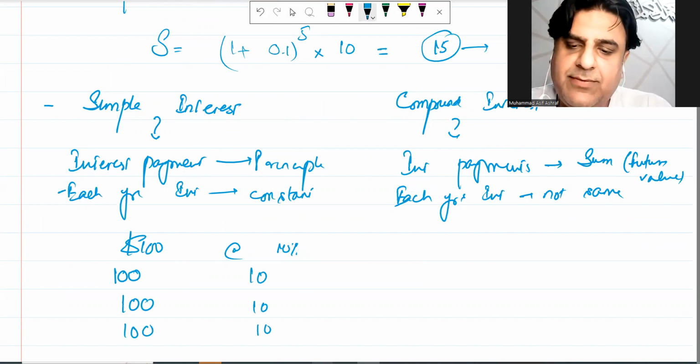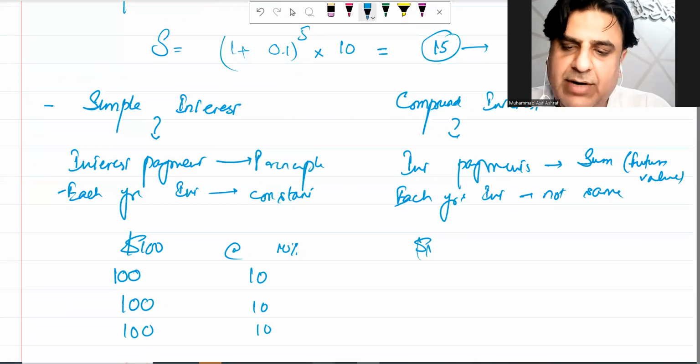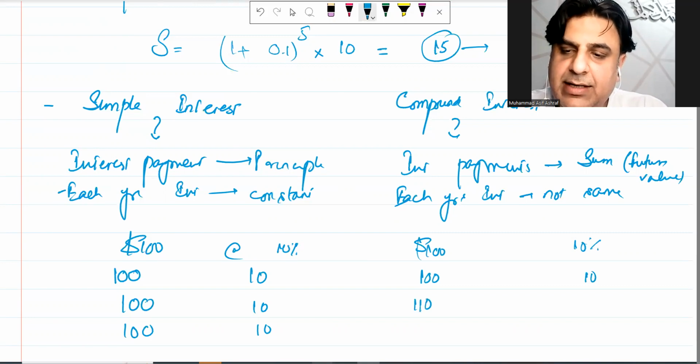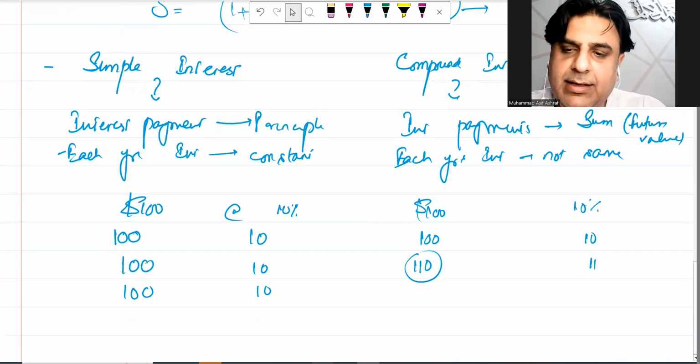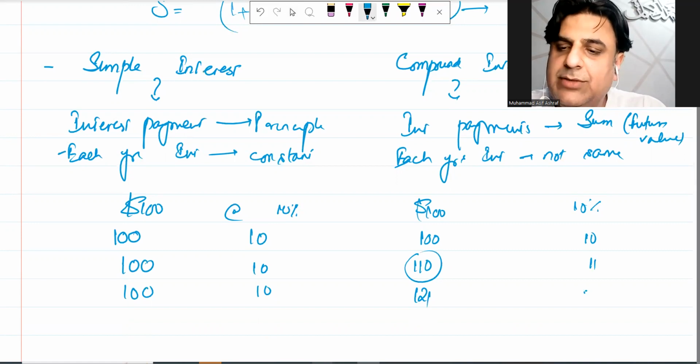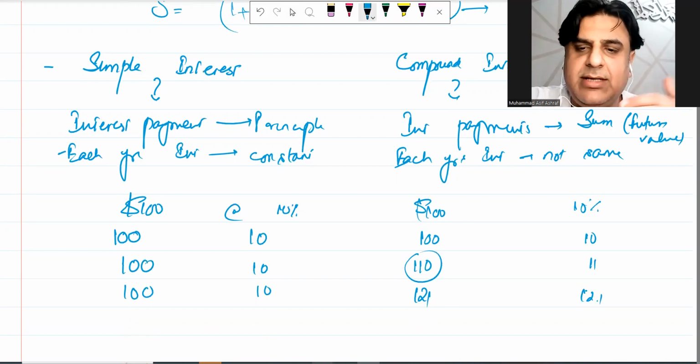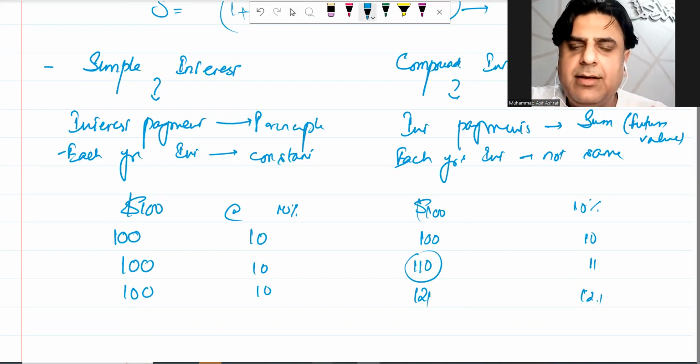But in case of compound interest, if you have 100 investment and 10% interest, in the first year, on 100, you will earn the interest 10. In the next year, interest will be applicable on the sum, 110. In the next year, it is applicable on 121. So this will be 12.1. So you see here that interest is increasing in each year.